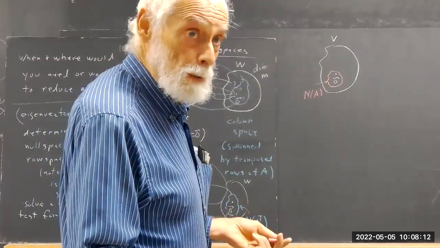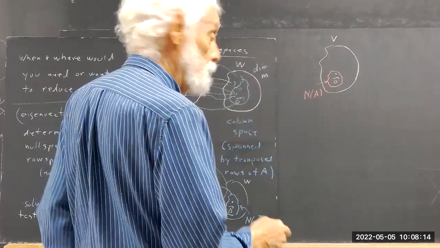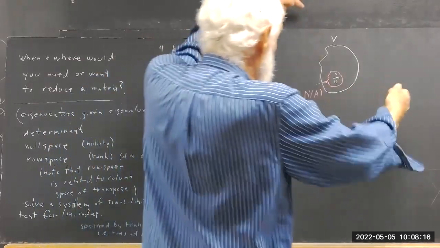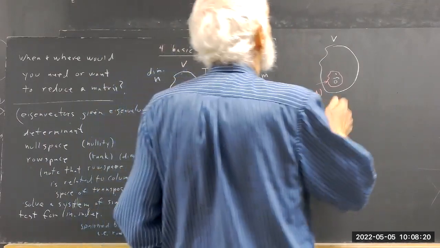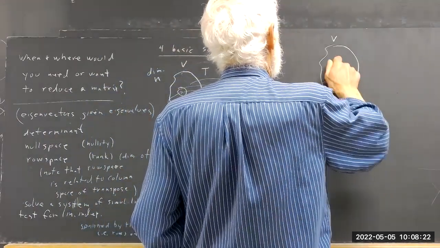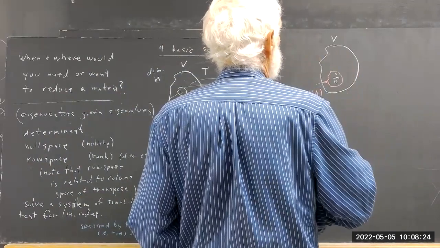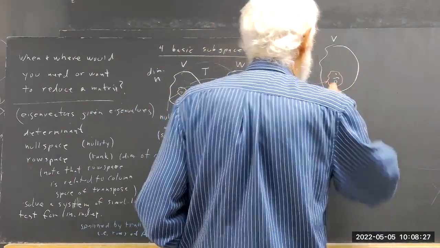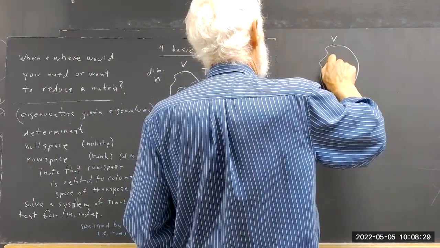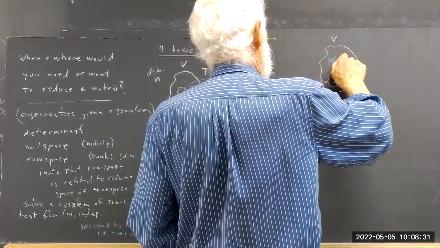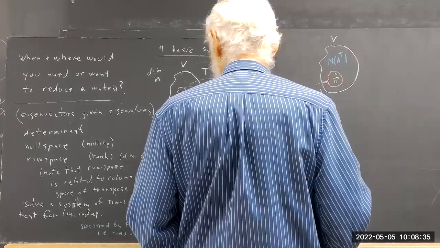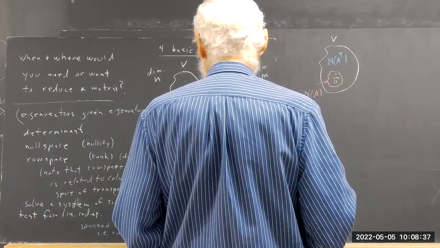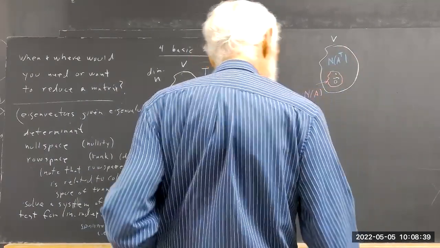And you got the column space of A transpose, which is the rest of this. And it's not the null space of A transpose, it's the column space of A transpose.